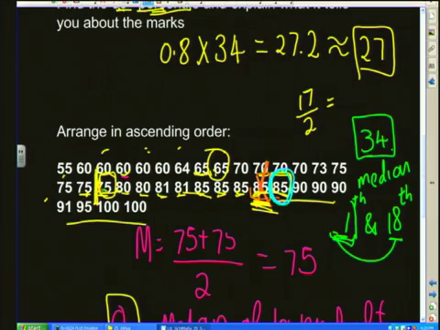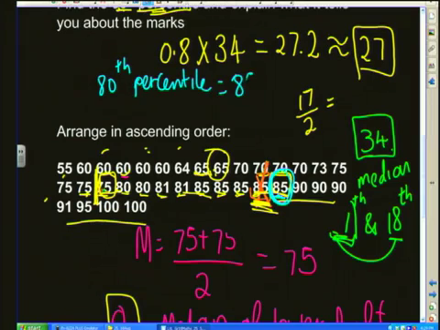Okay, what does this tell us? Because remember, this is the 80th percentile. So the 80th percentile is equal to 85%. Okay, what that tells you is that 80% of your marks were actually lower than 85%.